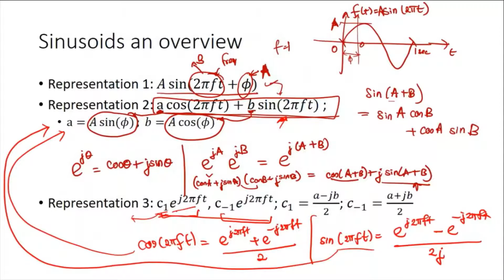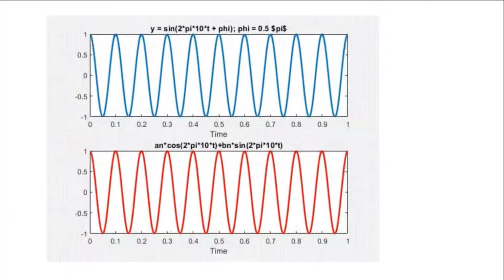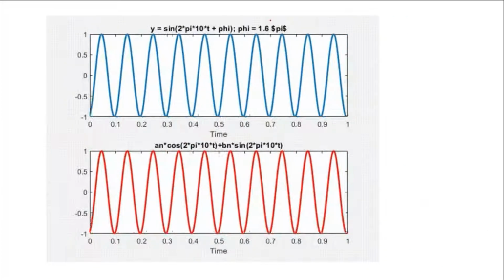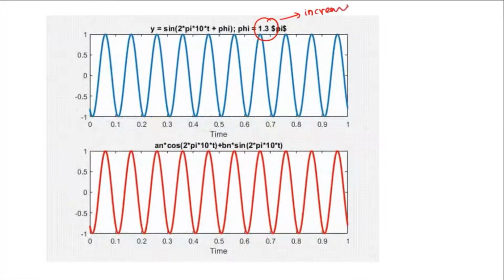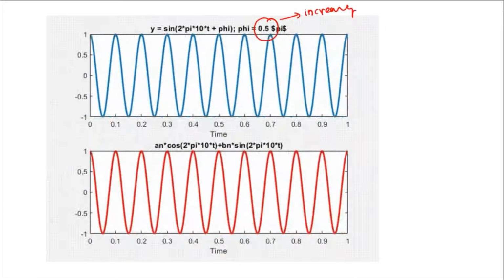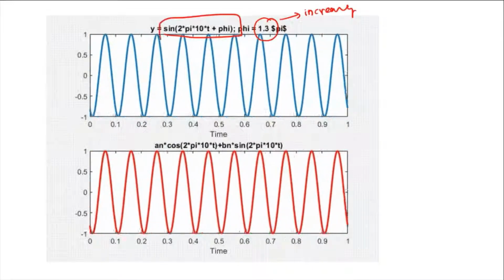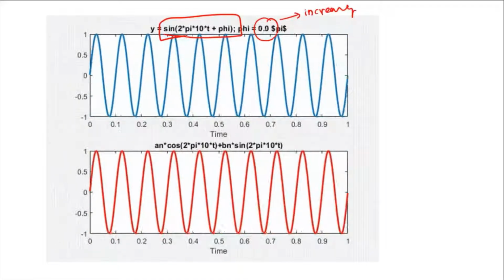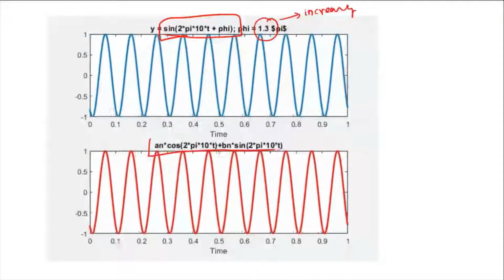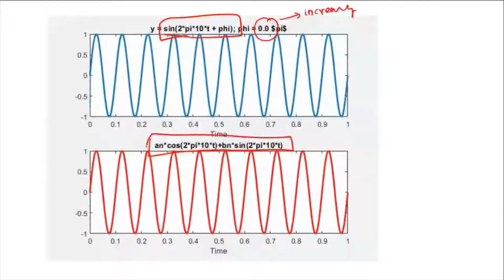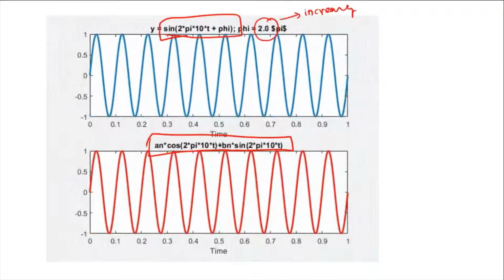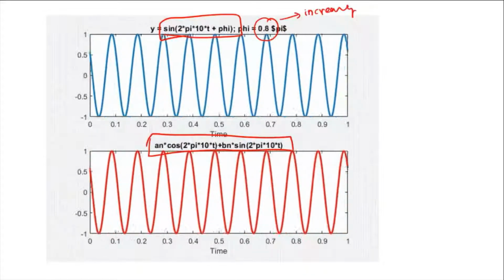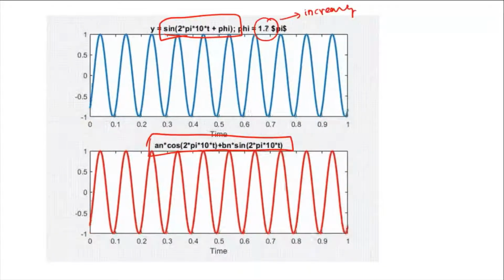Now the next slide is just going to show you the equivalence between these two guys. So it is kind of fun to see as phi is increasing. This notation, sine of 2 pi 10t plus phi, is equivalent to an cos 2 pi 10t plus bn sine 2 pi times 10 times t. So this code was written in MATLAB. You can get it from me later.